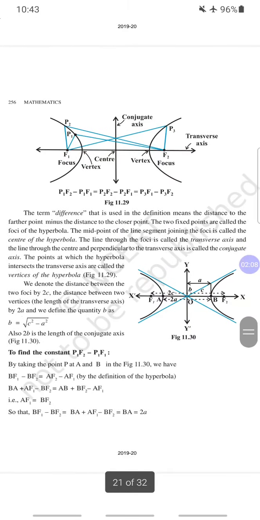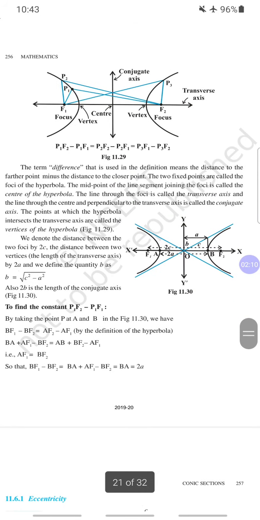Now, we already know that the horizontal axis, that is the x-axis, is known as the transverse axis, and the vertical y-axis is known as the conjugate axis. We already know the center, vertex and focus, but let me tell you again. In this case also we have two foci.